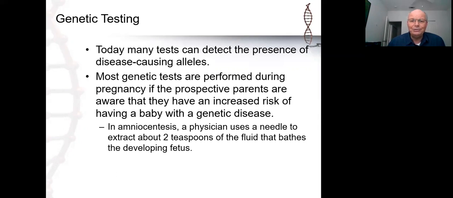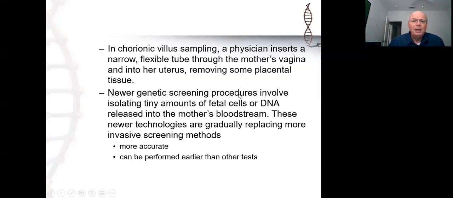That allows you to take a look at the baby's chromosomes from cells that are identical to the baby's cells, and you can screen for the presence of genetic conditions. And that then allows the couple to decide whether they want to carry the pregnancy to term or not, because there can be all sorts of complications as a consequence of different genetic conditions.